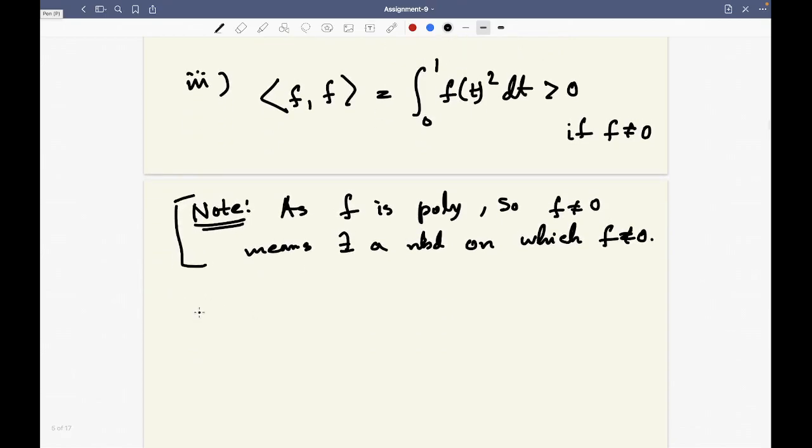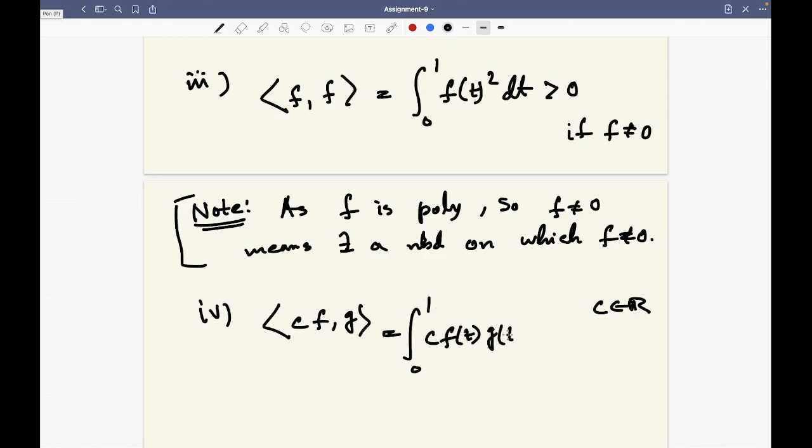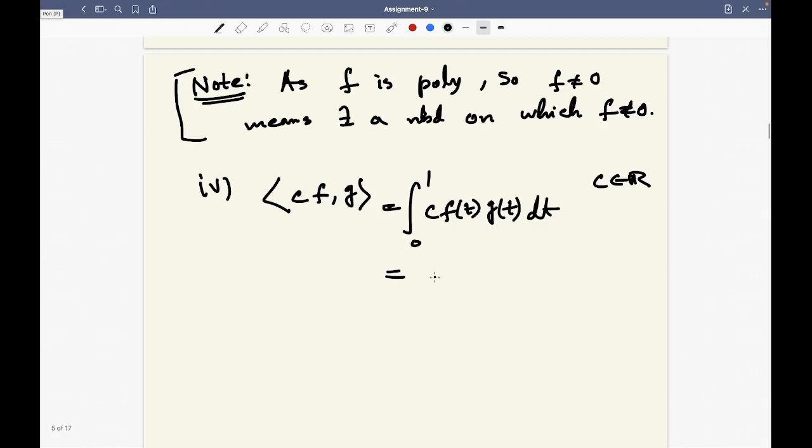And the condition number 4: you have to take c a real number. So c f inner product with g will be integral 0 to 1 of c f(t) g(t) dt. And now you can take c out: c times integral 0 to 1 of f(t)g(t) dt.